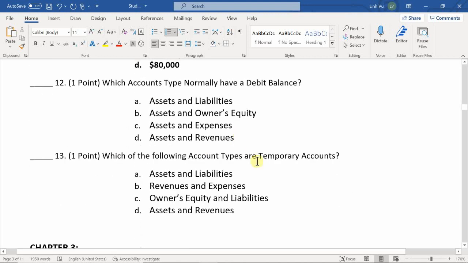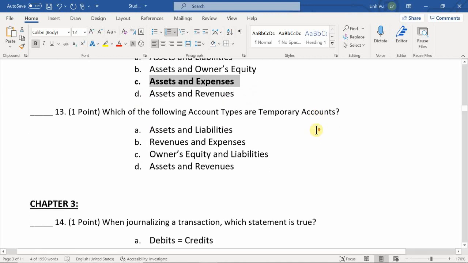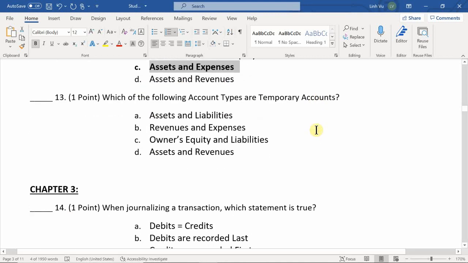Number 12, okay? What account types normally have a debit balance? C, assets and expenses. Good. Okay. Number 13, okay?